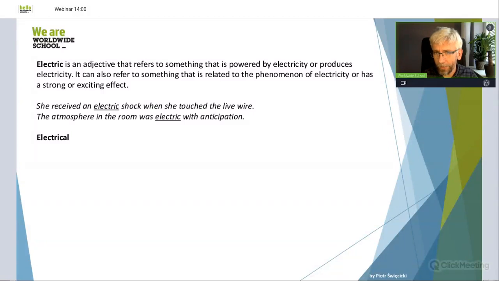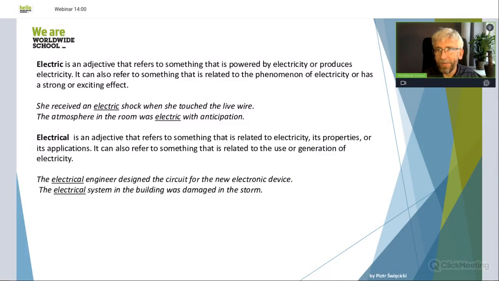Okay, so what about electrical? Electrical, on the other hand, is an adjective that refers to something that is related to electricity, its properties, or its applications. Isn't that the same? Well, not exactly. It can also refer to something that is related to the use or generation of electricity.